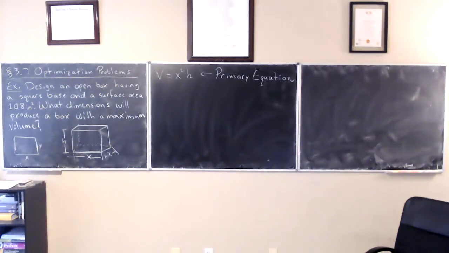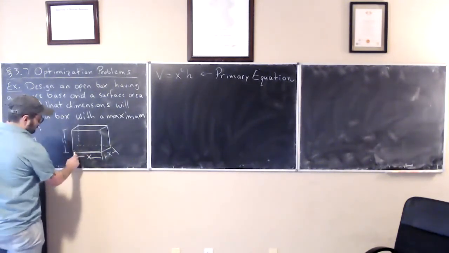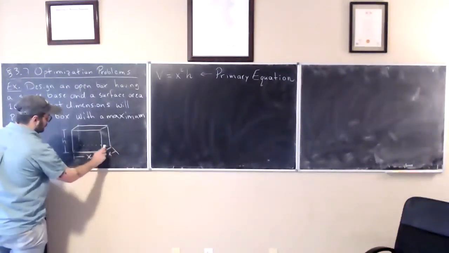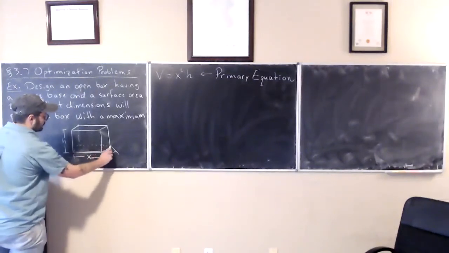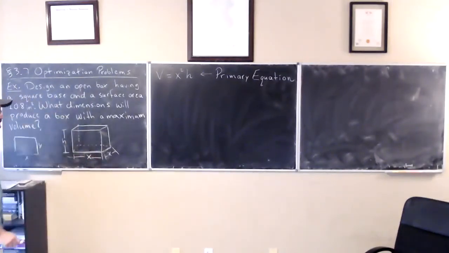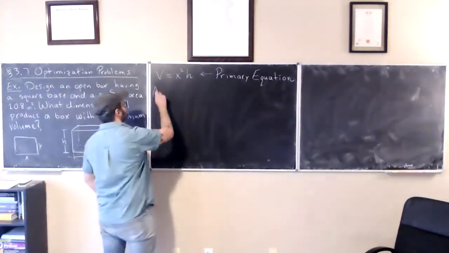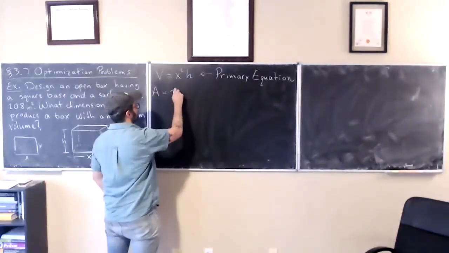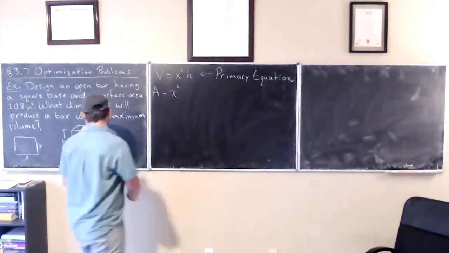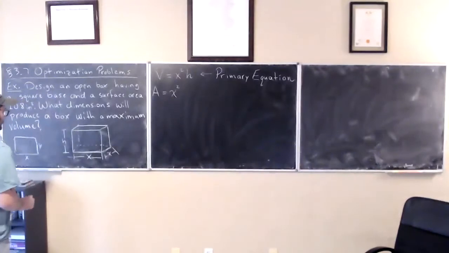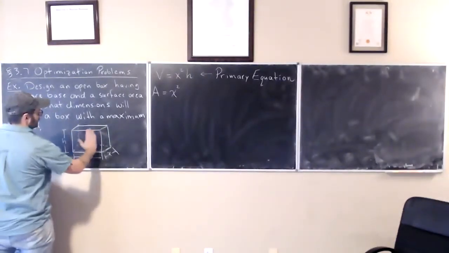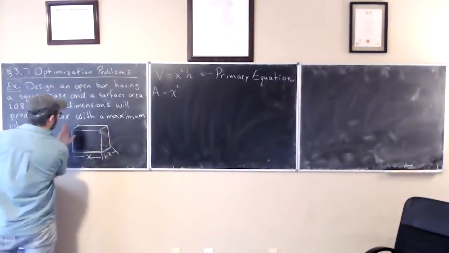Okay. So the bottom of this box, right? What's the area of the bottom of that box? It's just x times x, right? So I know that I'm going to have an x times x for that. But then I have this side, that side, that side, and that side.